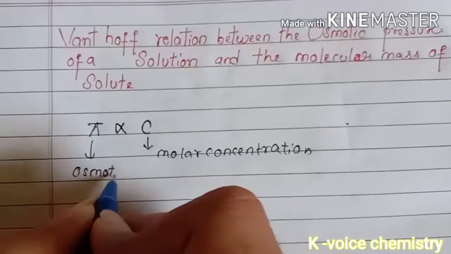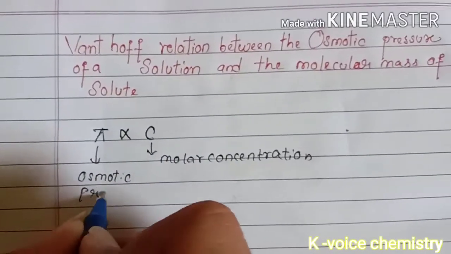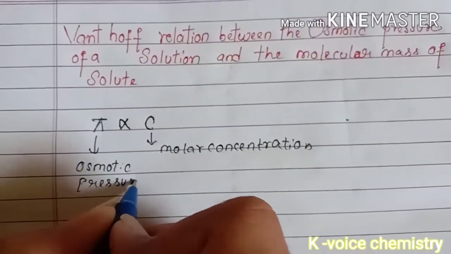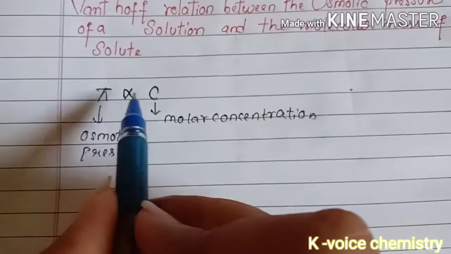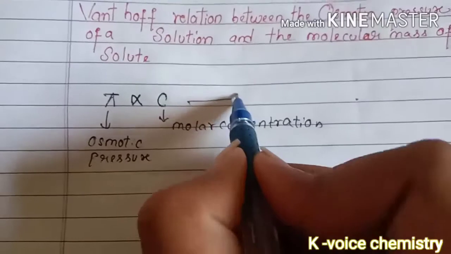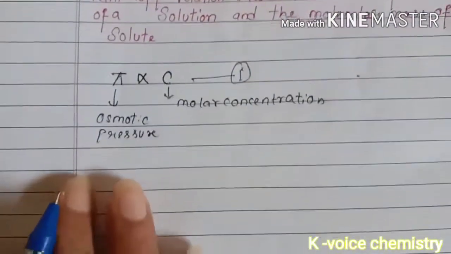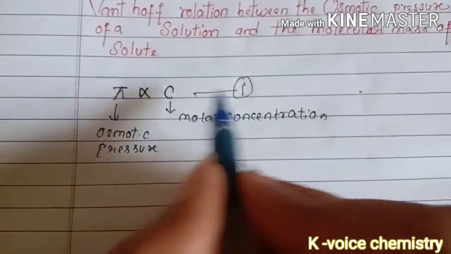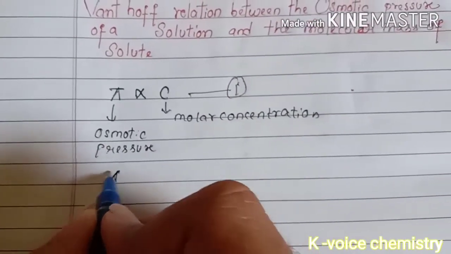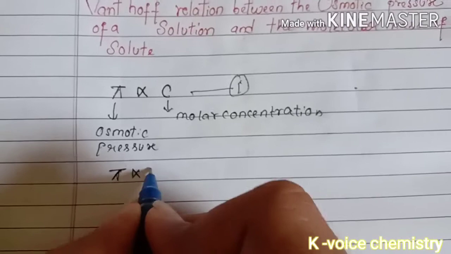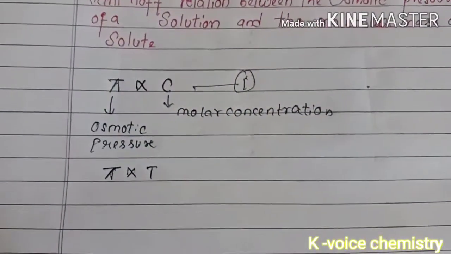So now we see that this osmotic pressure is directly proportional to the molar concentration. This is the first equation, or the first case. And in the second case we see that the osmotic pressure is directly proportional to temperature, as I have told you earlier.